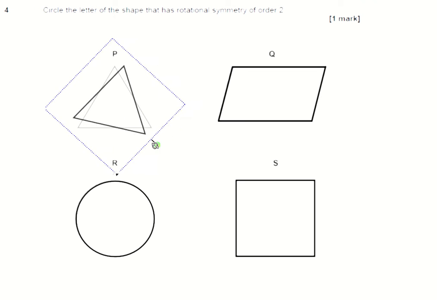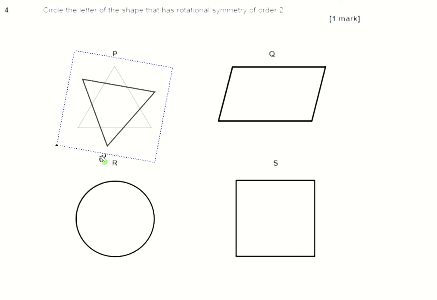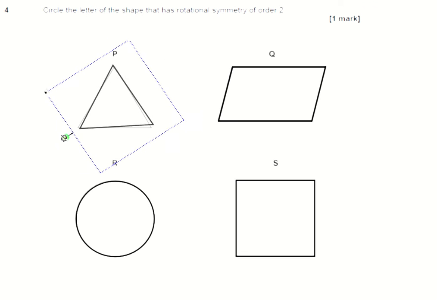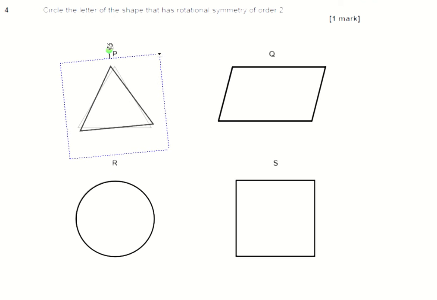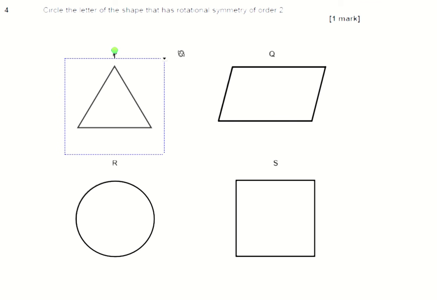So that's twice so far. If I keep rotating, it will then match itself a 3rd time before coming back into its starting position. For that reason, a triangle as equilateral will have rotational symmetry of order 3.